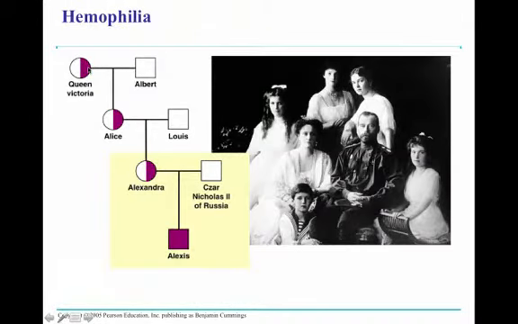And when you have this kind of inheritance pattern in a family where we have carriers of a particular trait, for instance, the females are carrying one copy of the recessive allele for hemophilia, but they have a good copy as well, so they don't have hemophilia.